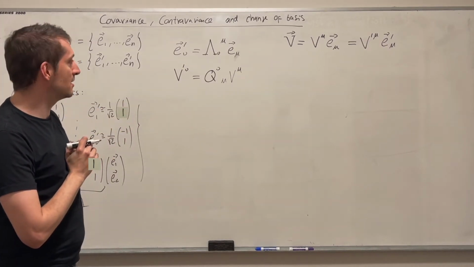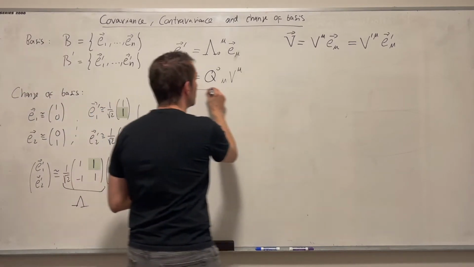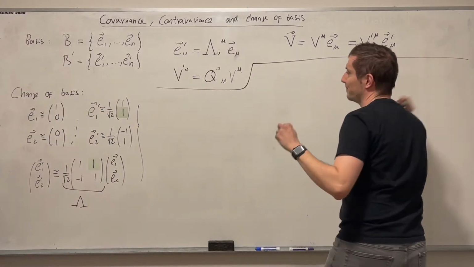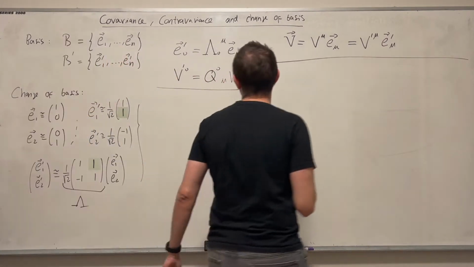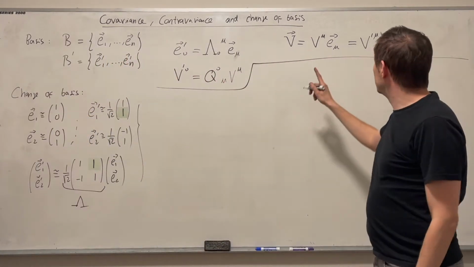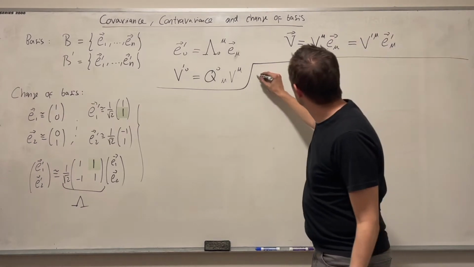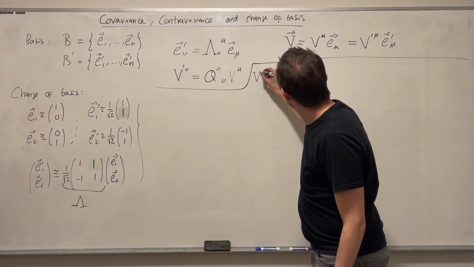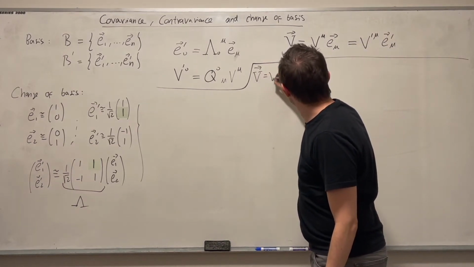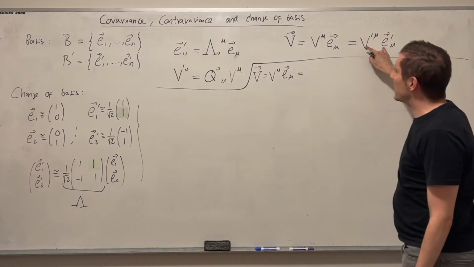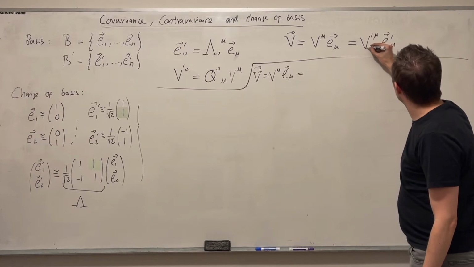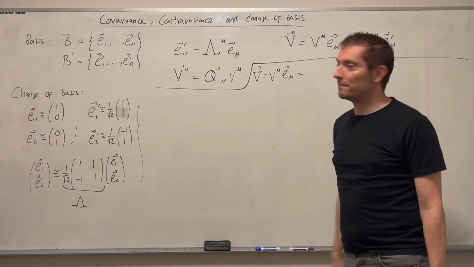How do we find this Q? All right, so I'm going to try to operate with my amazing handwriting. Okay, so what we're going to do is write this equation. The left-hand side, I'm going to write again: vector V equals V mu E mu. And now I'm going to substitute these expressions here.